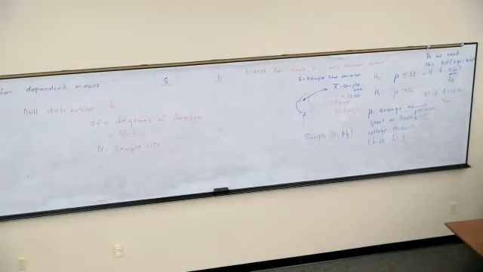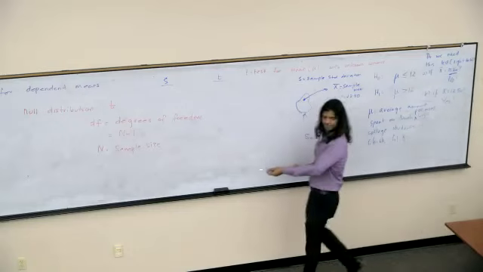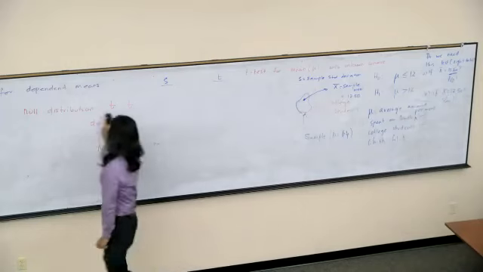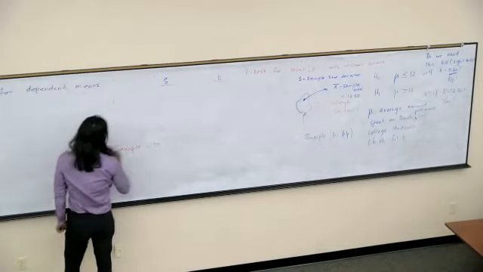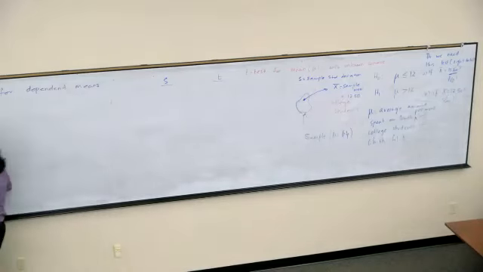Opted outside. We write this. There are a couple of types. First one called repeated measures.